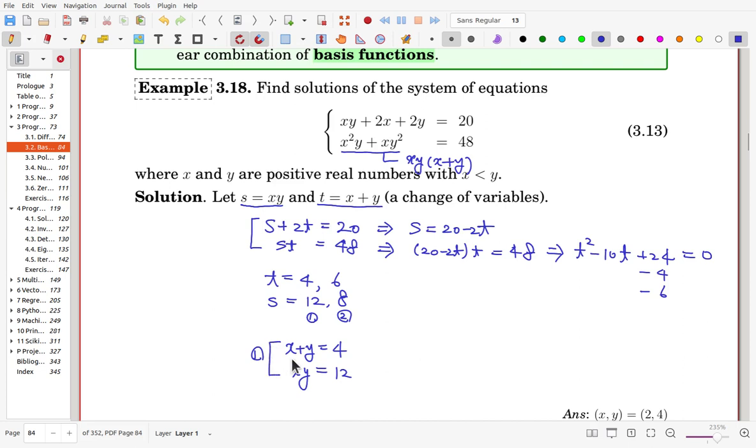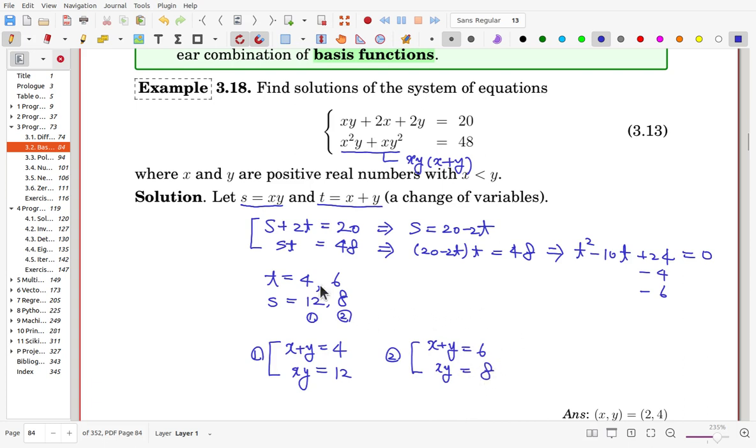That is one part. The second part is t is 6, which means x plus y equals 6, and s is 8, so xy equals 8.